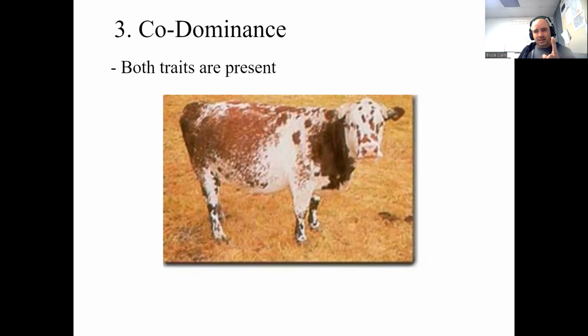Rather than blending or one being dominant over the other, we can see that they both show up. So here's a cow that has 2 different colors of hair found throughout its body. For codominance, the heterozygous trait is that both are present. No blending, no dominant one or the other, both show up.